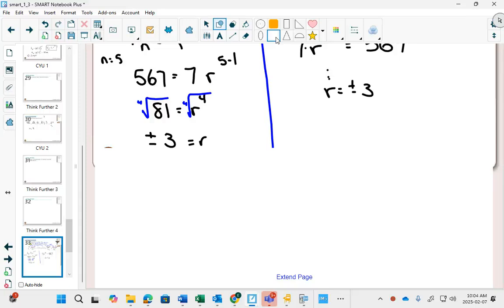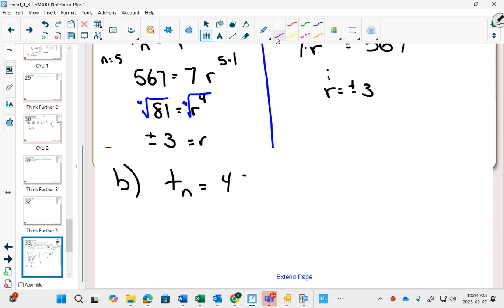So in this case, for part B, I know that the last term is equal to 45,927, and I need to find n. If I find n, then I would know how many terms there are. My general term formula was this. Term 1 was 7.